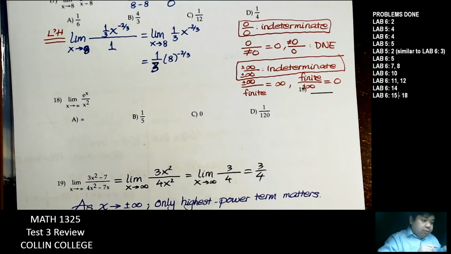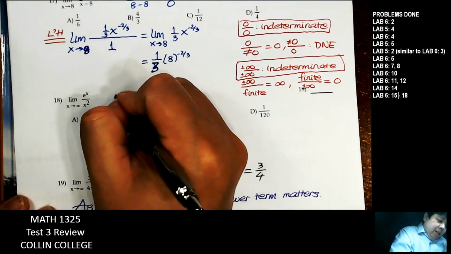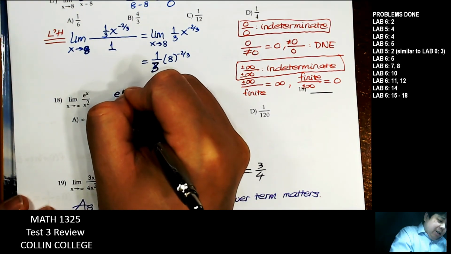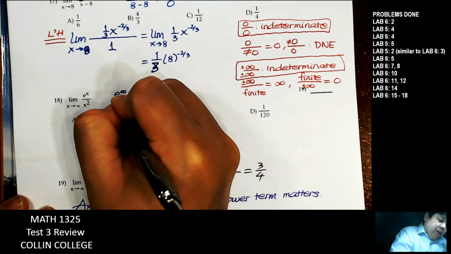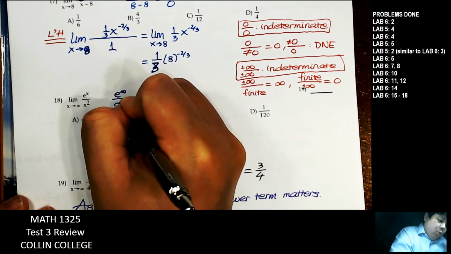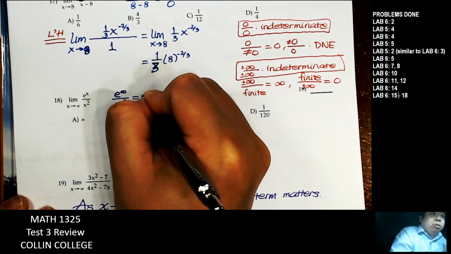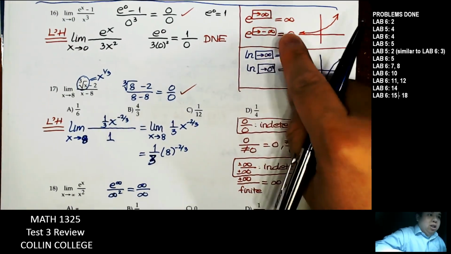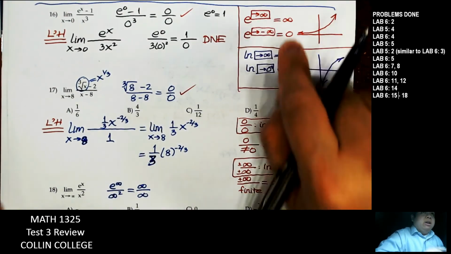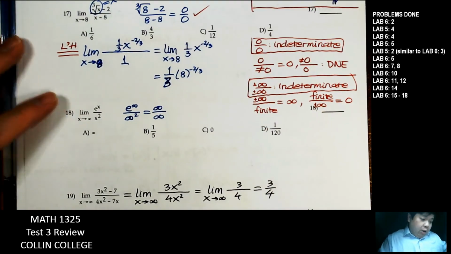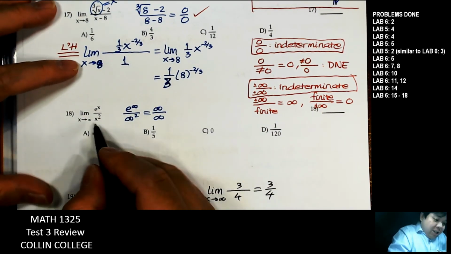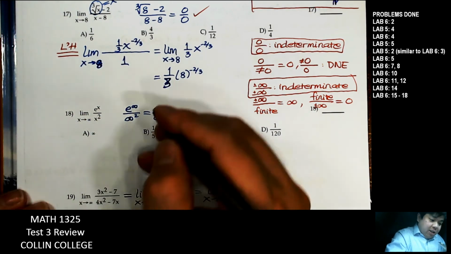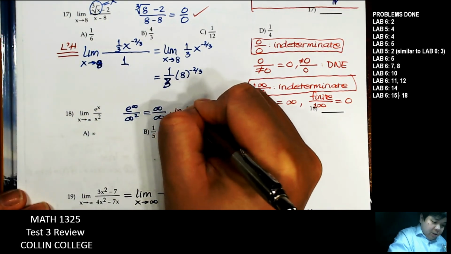Whatever that is, it's going to be the answer. So as long as we have 0 over 0 or infinity over infinity, those are indeterminate, and L'Hôpital's rule will work for those cases.